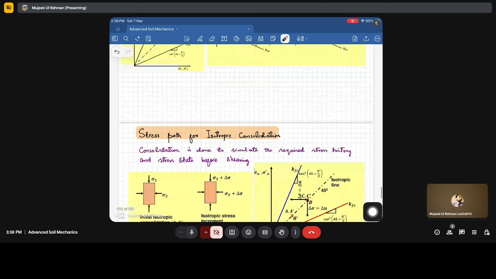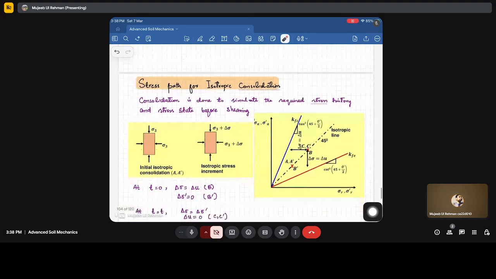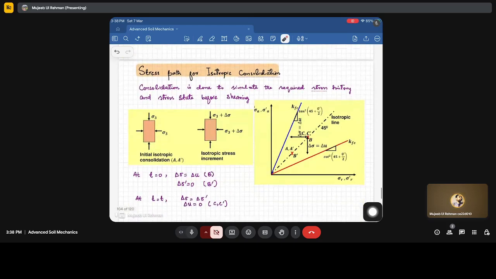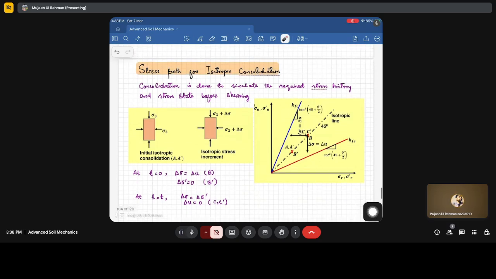Now, if we talk about the stress path for isotropic consolidation. If we have a soil, and we bring the soil from the field, we could directly shear it. So what is the need to consolidate the soil?